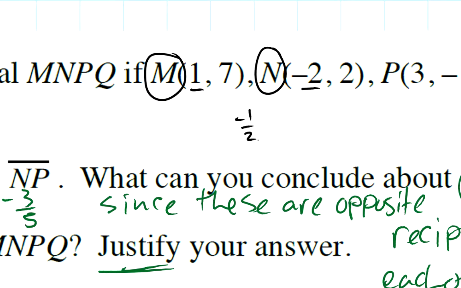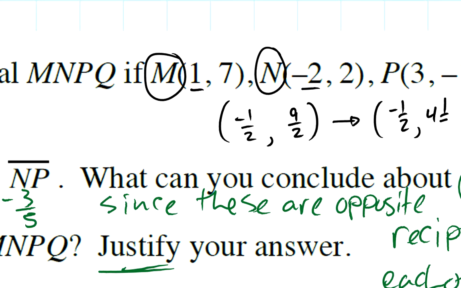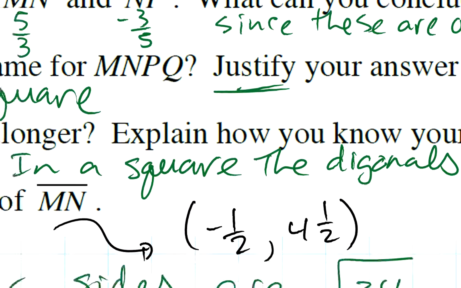And when I add 7 and 2, that's 9. So the y value is 9 divided by 2. Well, if you look at that, that is exactly what we had below. That's negative 1/2, and then 9 divided by 2 is 4 and 1/2. So the midpoint of segment MN is negative 1/2, comma, 4 and 1/2.